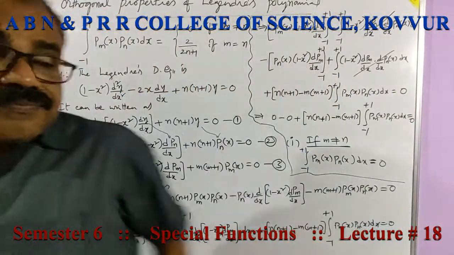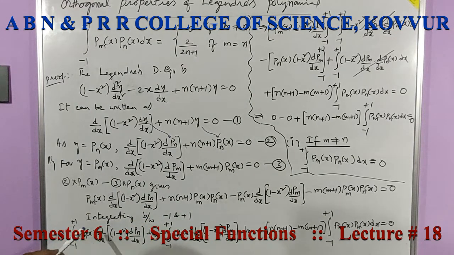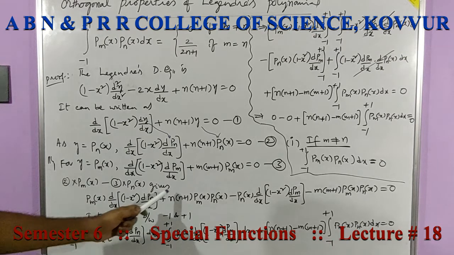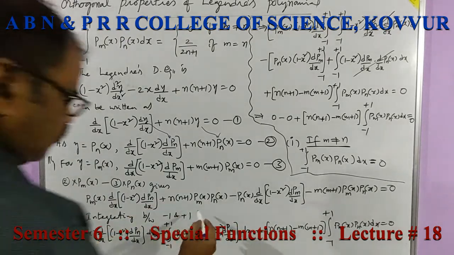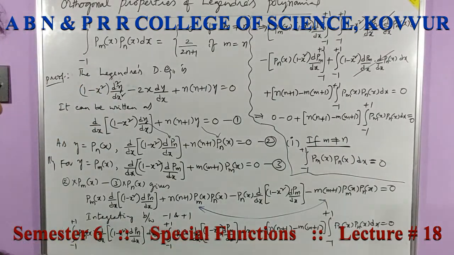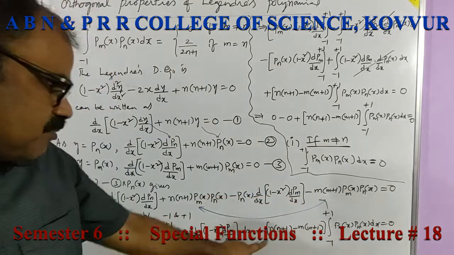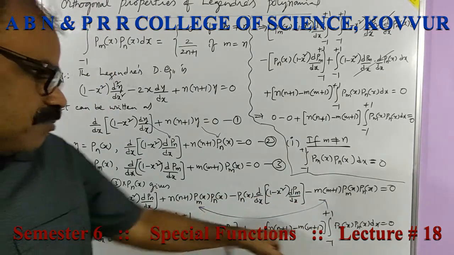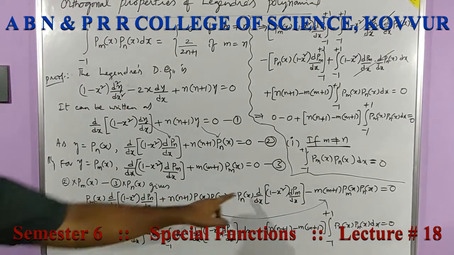So, integrating between -1 and +1, what do you get? These two terms contain Pm(x) into Pn(x). Therefore, n(n plus 1) minus m(m plus 1) into the integral from -1 to +1 of Pm(x) Pn(x) dx. These two terms remain as they are.